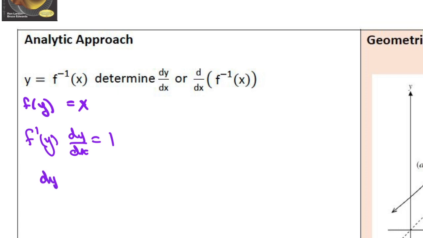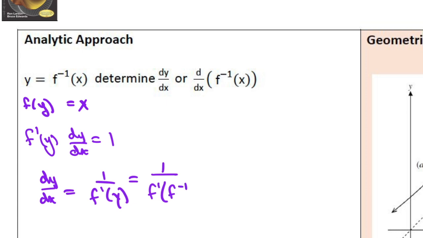So dy/dx is equal to 1 over f prime of y. But we don't want to have f prime of y, so we replace the y with f inverse of x. So there you have your derivative. The derivative of the inverse function is equal to 1 over f prime of f inverse of x.